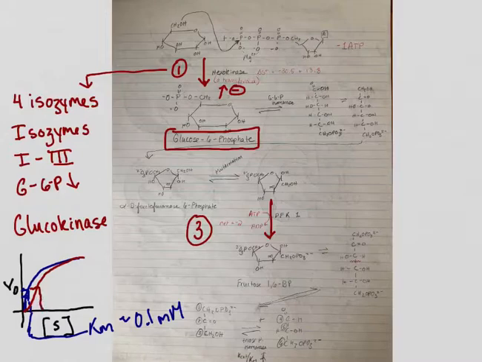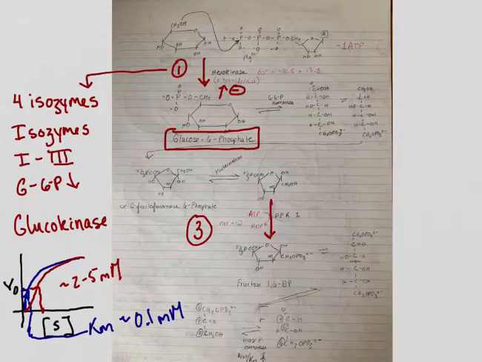Really not to scale here in my simple drawing, but this would be Km values that are much higher, 2 to 5 millimolar. And so what that means is that this isozyme is quite literally regulated by availability of substrate.